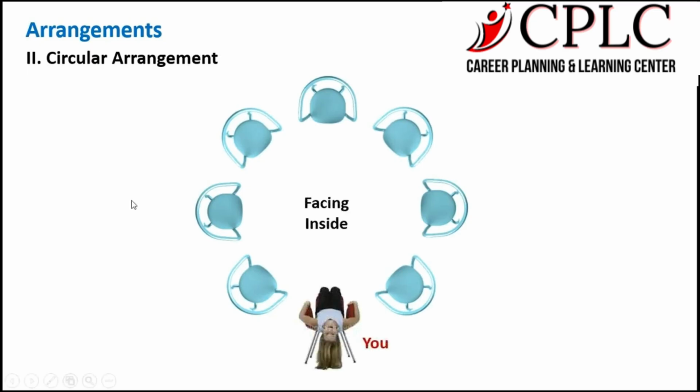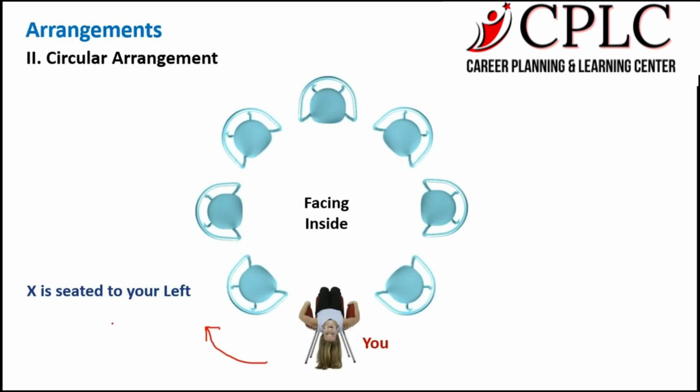As usual, imagine yourself at this particular position facing inside. The first position that we are supposed to mark is something like this: X is seated to your left. If you imagine yourself in this position and facing in, left is going to be this particular direction.